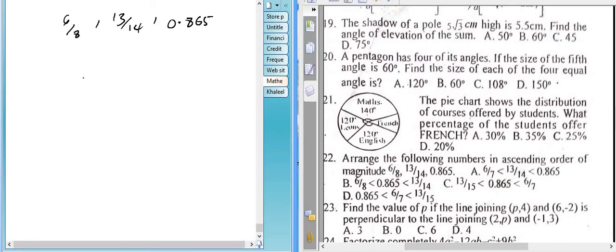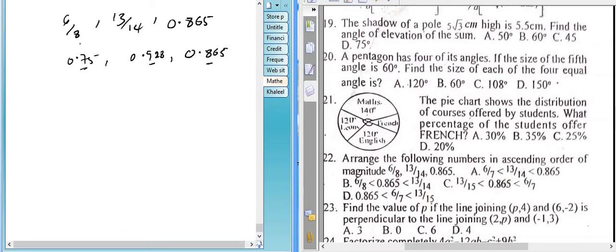Let's solve it. 6 over 8 in decimal is going to give you 0.75, then 13 by 14 is going to give me 0.928, and this one is already in decimal, which is 0.865. So which one is the least and which one is the highest?